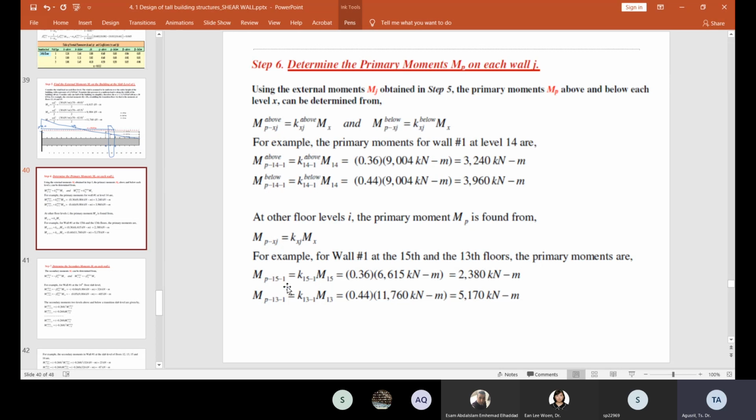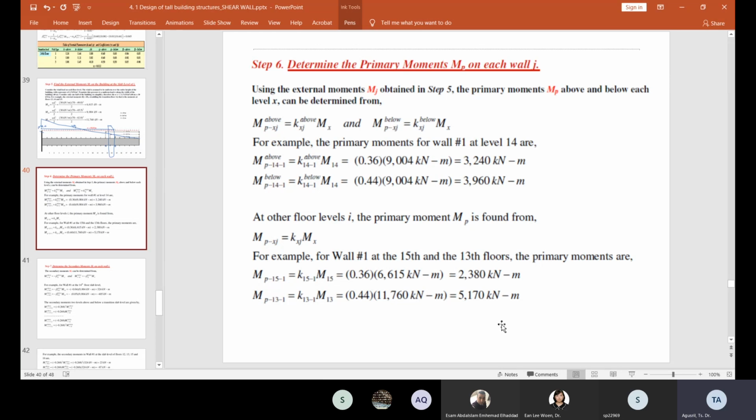Level 15 is above level 14, so we use K above 0.36, multiplied by the moment applied to level 15. For the primary moment at level 13, because 13 is below level 14, we use K below, which is 0.44. So the moment at level 15 is 2,380 and level 13 is 5,170 kilonewton meter.